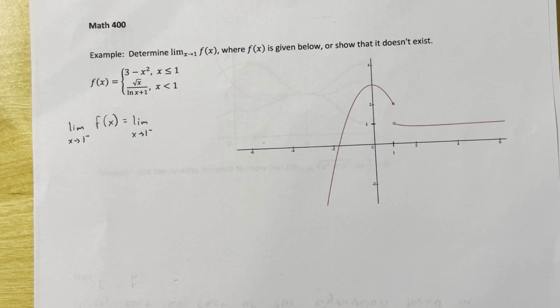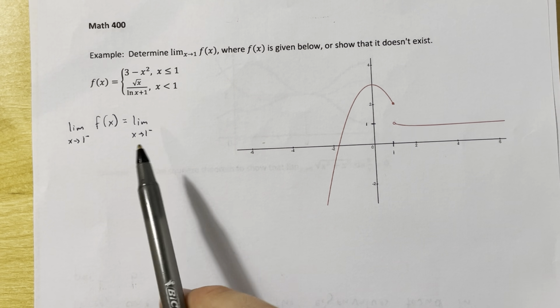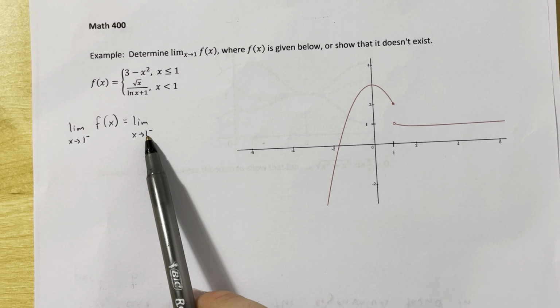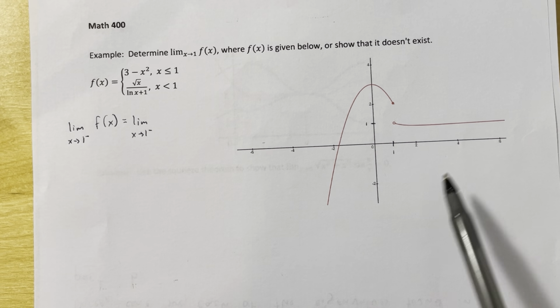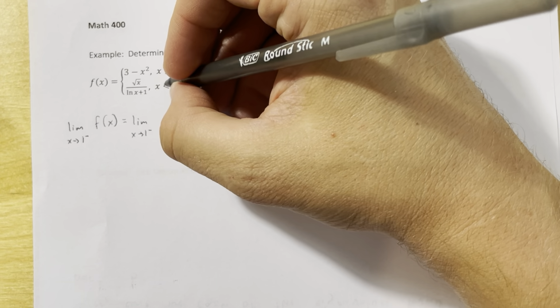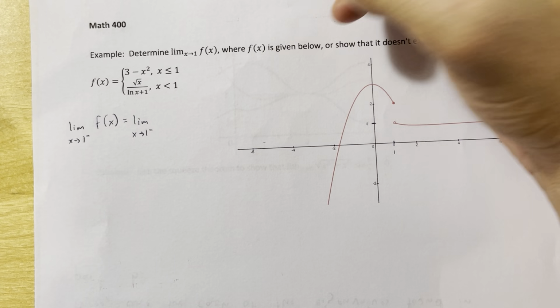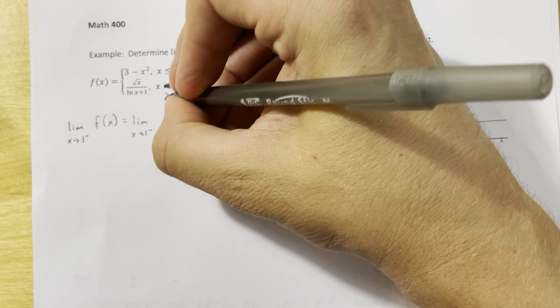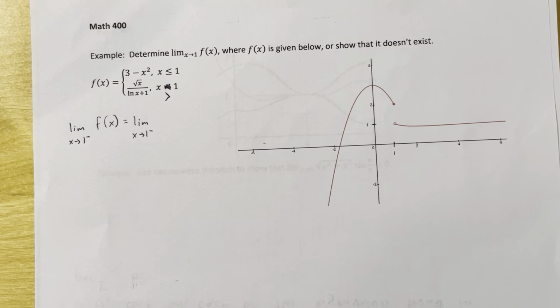Now, remember, what we're doing when we take a limit from the left is we're using values of x that are slightly smaller than 1 to evaluate our function, or to approximate our limit. And looking at this, I'm realizing there's a typo here, so this should be greater than. Otherwise, our function doesn't really make any sense.